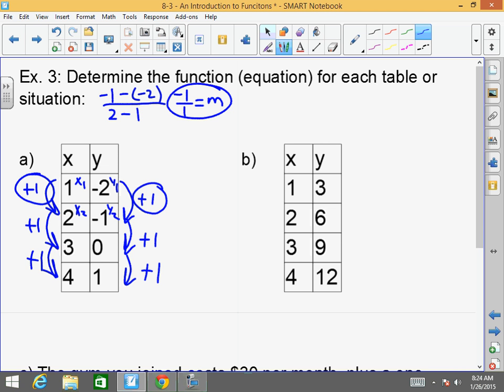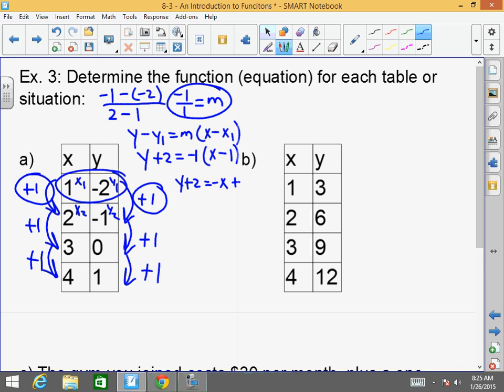Then you plug it into the point slope form: y minus y1 equals m times x minus x1. So y plus 2 equals negative x plus 1. Subtract 2 from both sides.